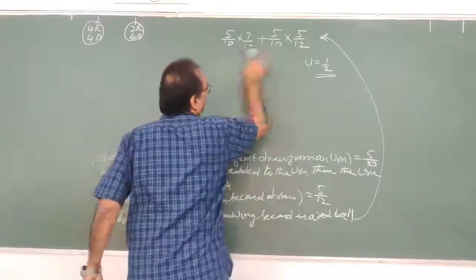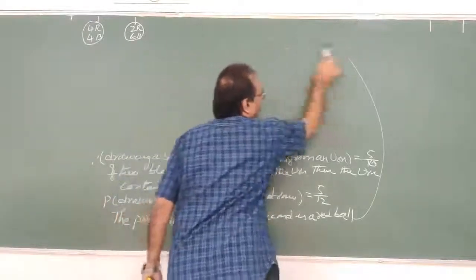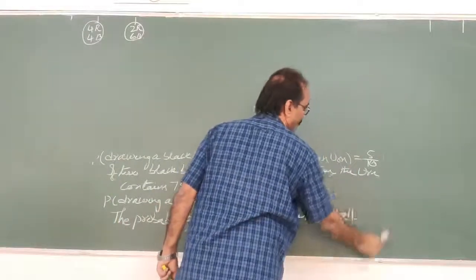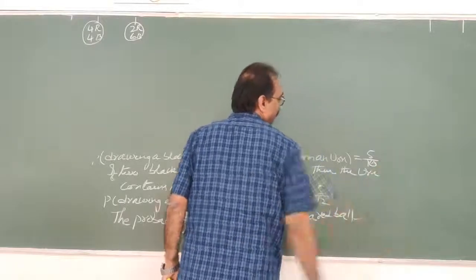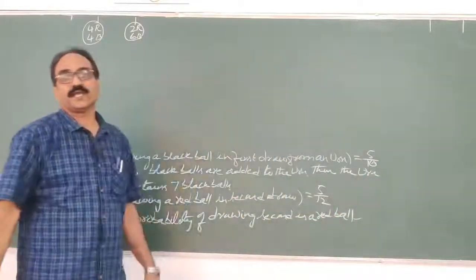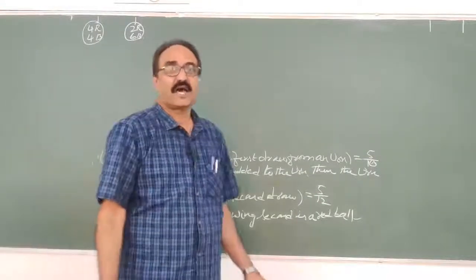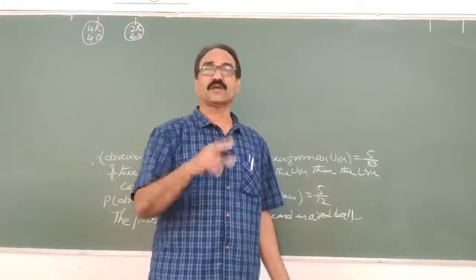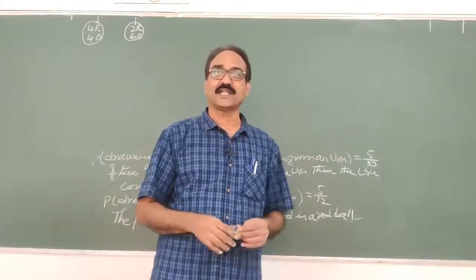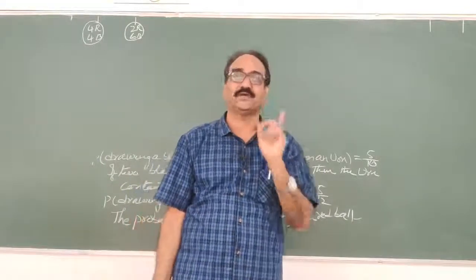So I will repeat it once again. Now listen carefully. Yesterday while explaining Bayes' theorem, I said, if 2 bags or 2 boxes are there, which box you have to select, any one of them you can select. The chance of selecting any one of them is 1 by 2, because 2 boxes are there, one will be selected. Correct or not?